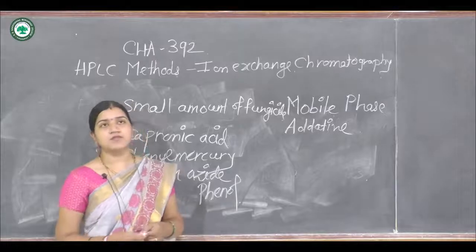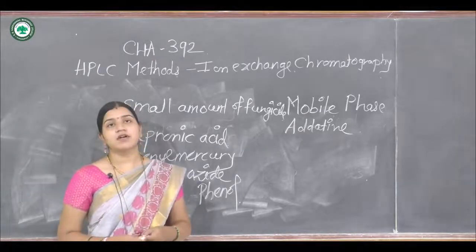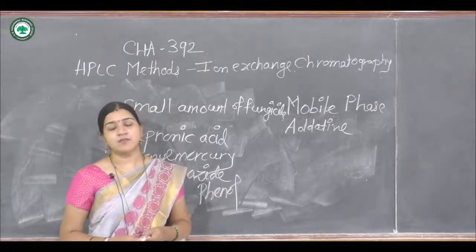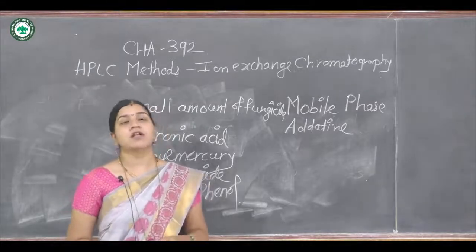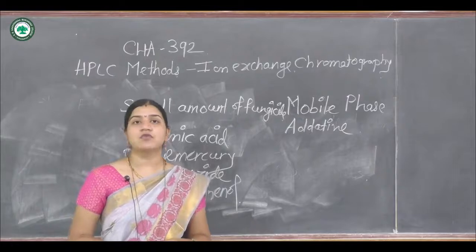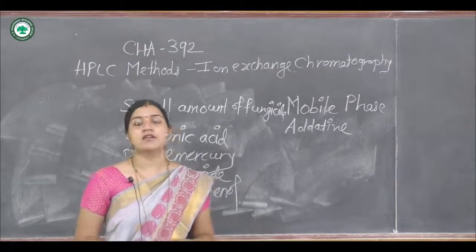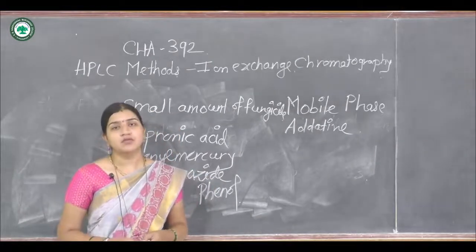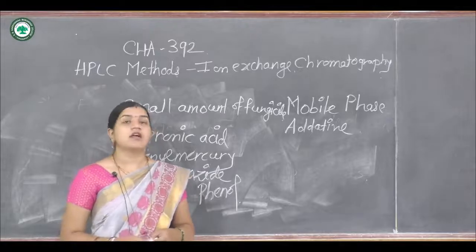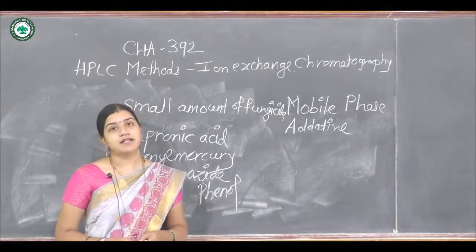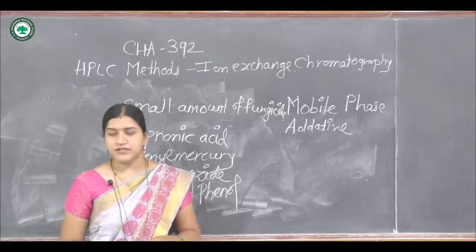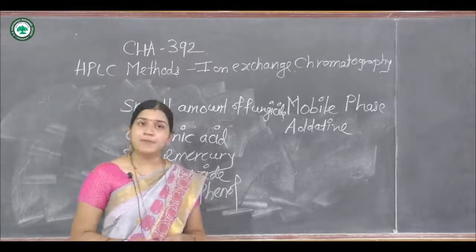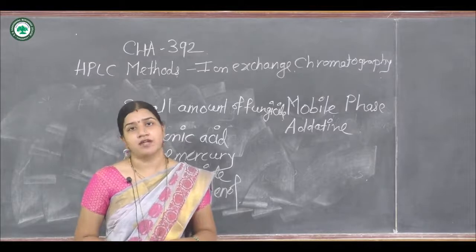That means, whenever you are doing ion exchange chromatography practically, first you have to consider the type of exchanger, whether you are going to use an anion exchanger or a cation exchanger. After selecting the type of ion exchanger, next you have to consider the pH as well as the pKa value.